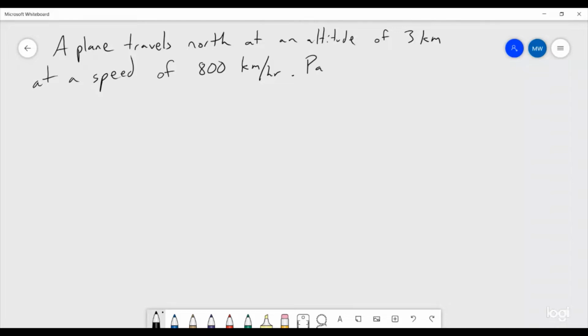it passes over the city of Lyon, France, at noon. We have another plane that passes over 15 minutes later.